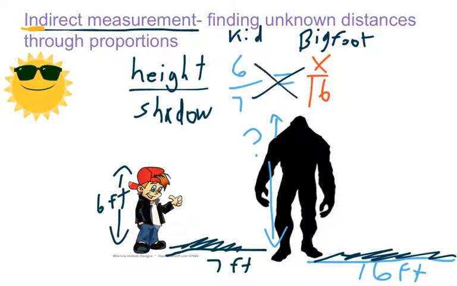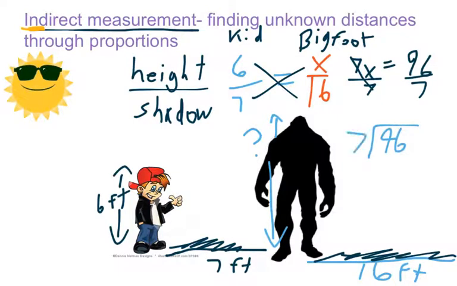So cross multiply. 7 times x is 7x. 6 times 16 is 60 plus 36, 96. And then I divide by 7. If you can't do that in your head, just do it off to the side. 96 divided by 7. Go once. And we'll go 3 times. And we get 5 left over.